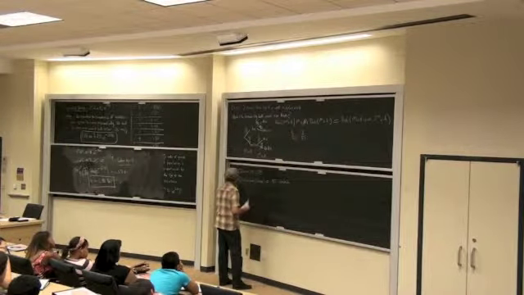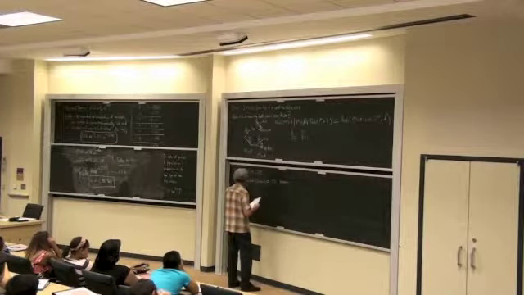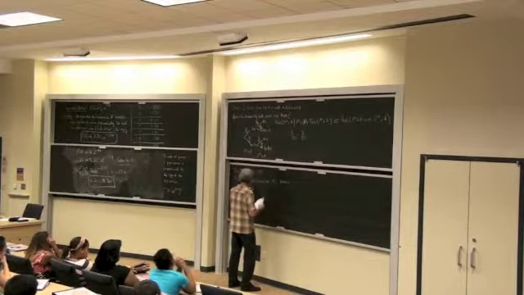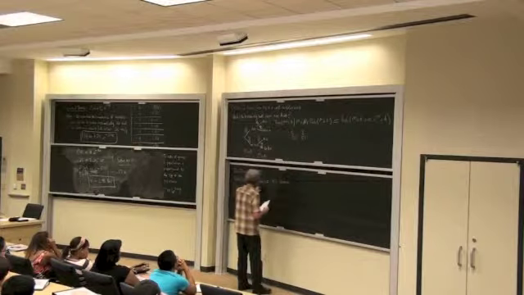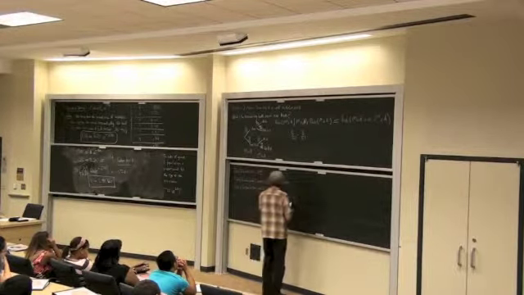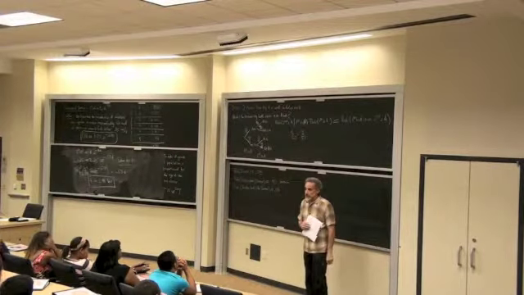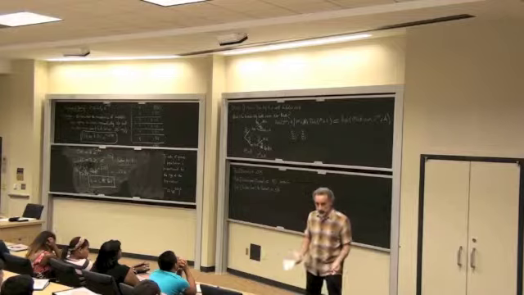Here's a different one: the probability of a positive test given no disease present is 0.07. This is called the probability of a false positive.